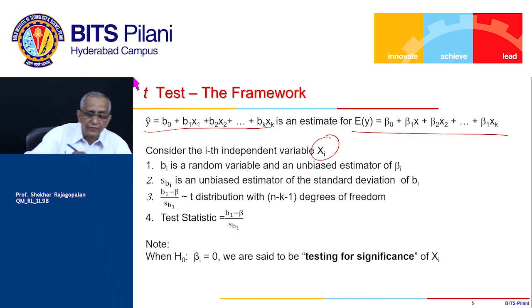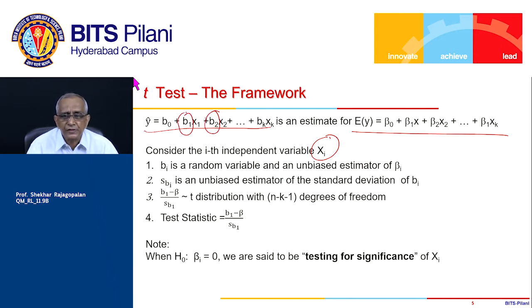Now notice one thing: each of these b's are random variables. I take one set of sample, I'll get one estimated model. Tomorrow, if I take another set of samples, I'll get another estimated model. So each time I take a sample, my bi's will change.